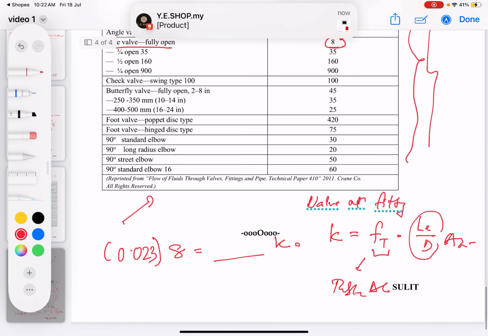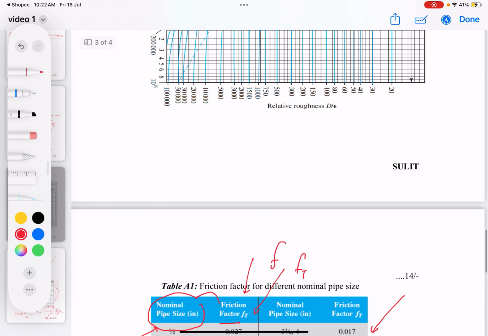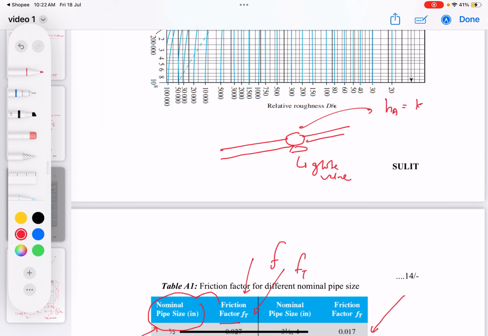Once I get the K here, I can calculate for the HA. Let's say my diagram looks something like this. I'm going to install a globe valve over here, fully open. So I can calculate HA equals K multiplied by VA squared over 2G, where VA is the velocity here.